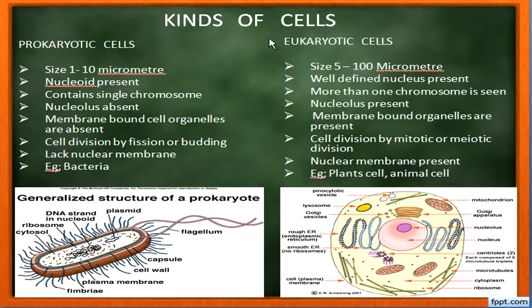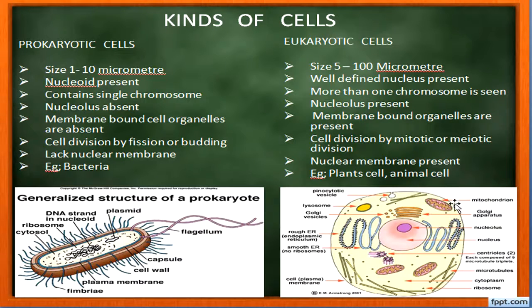Is it clear? In the same way, eukaryotic cells: eu means true, karyon means nucleus. So the cells which have a true nucleus, we call eukaryotic cells. Generally the size will vary from 5 to 100 micrometers, and a well defined nucleus is present, and here more than one chromosome is seen, nucleolus is present, nuclear membrane is present, and many membrane bound organelles.